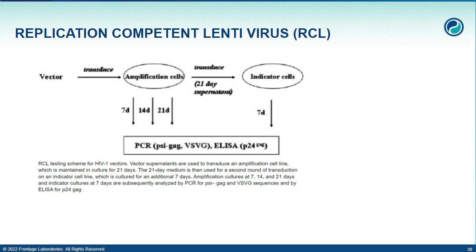At the same time, the 21-day supernatant can be transduced into the indicator cells after 7 days co-culture. The VSVG and P24 will be detected again.